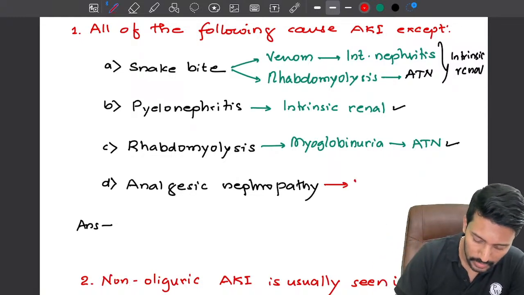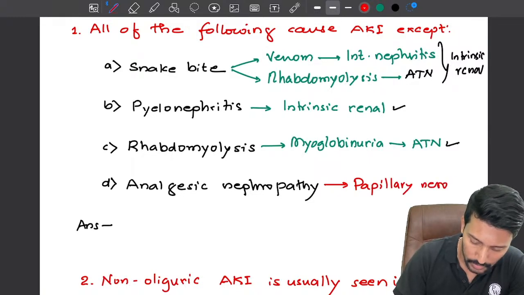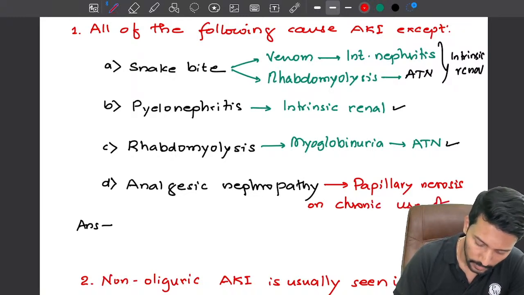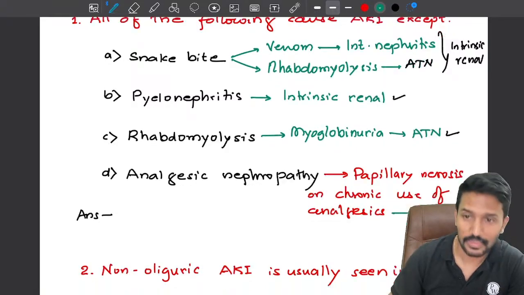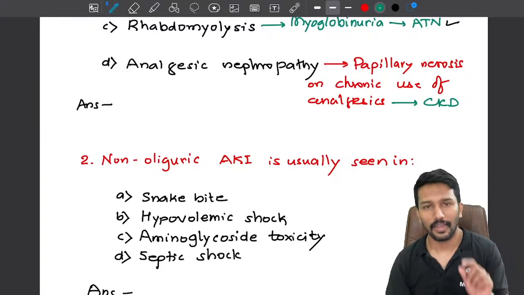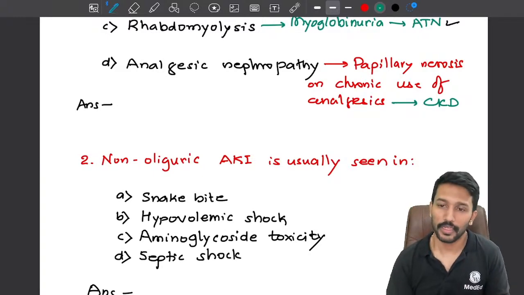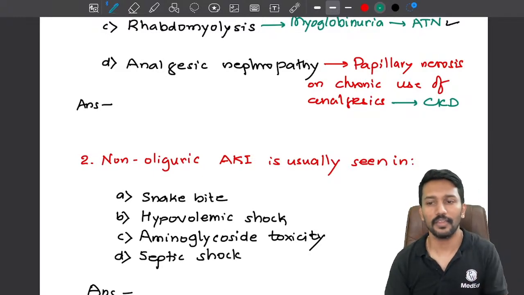Analgesic nephropathy causes renal papillary necrosis on chronic use of analgesics. So this is not an acute kidney injury. It causes what we call CKD, right?